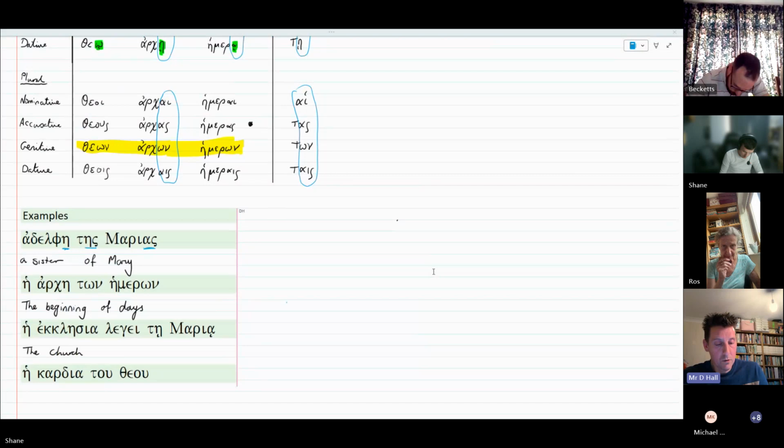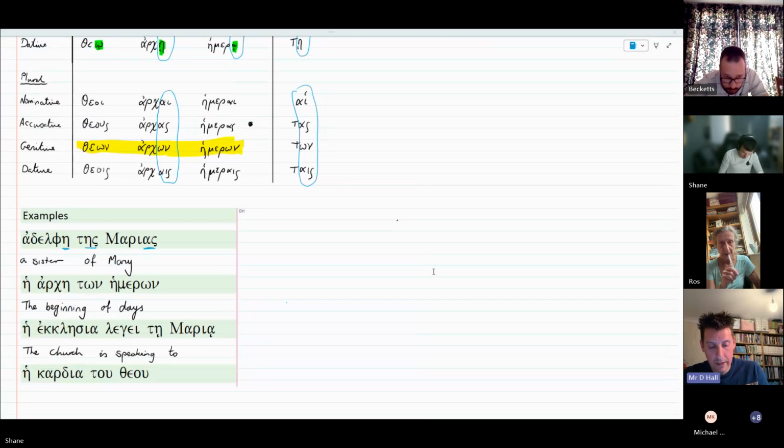The article gives that away, and the ending here. And then if we put in a verb, lege, and so here we have is speaking. And if you remember, we talked about the verb lege taking the dative case. It's just a reminder, taking the dative case if we're speaking to somebody. So we are speaking to Mary.